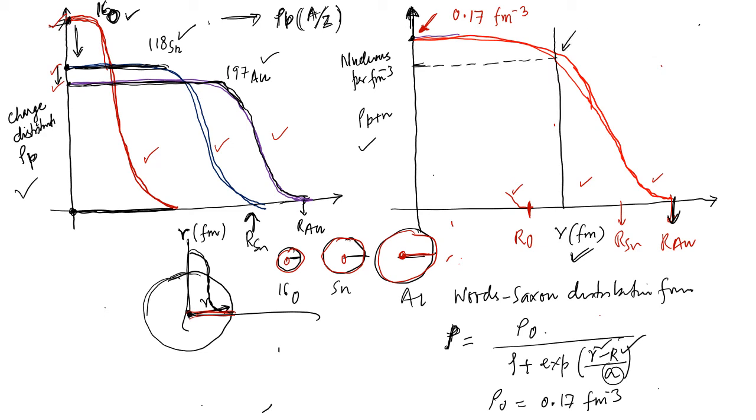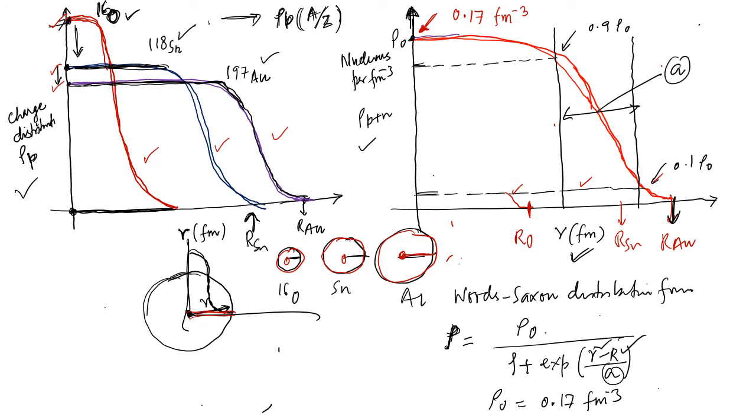This is my rho naught, and this is my 10% of rho naught. So this region, this slope, gives the estimation of a. Using this, we can fit this distribution of nuclear matter density using the Woods-Saxon distribution function.